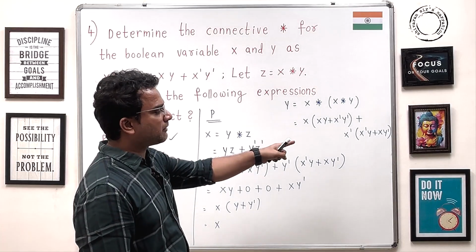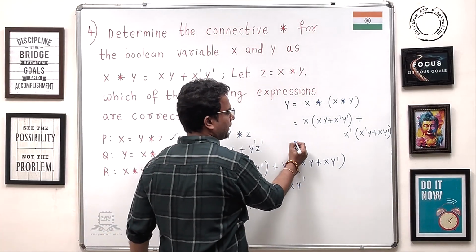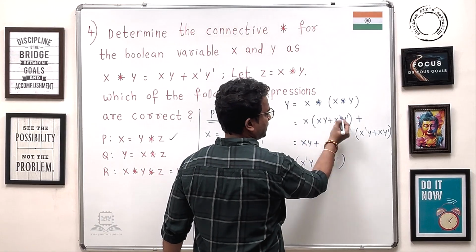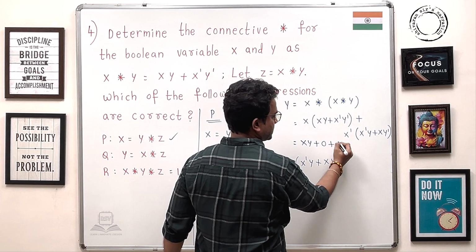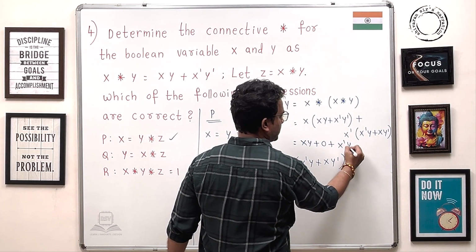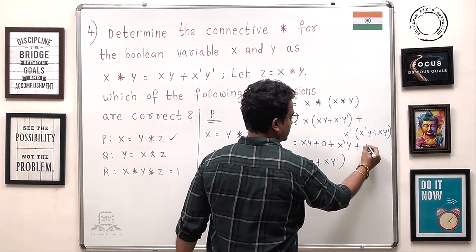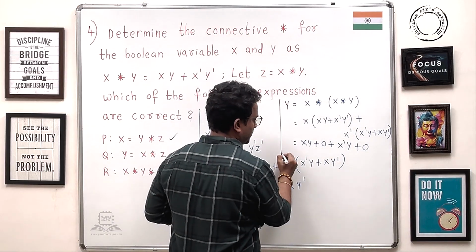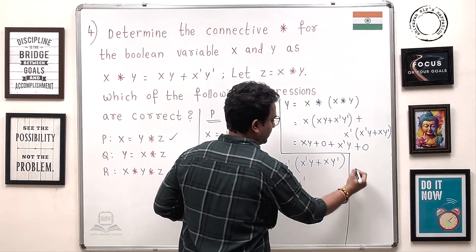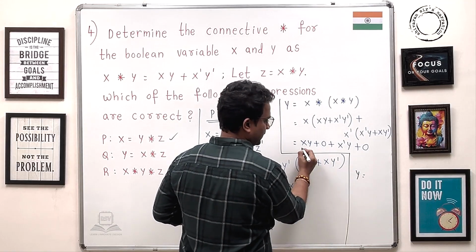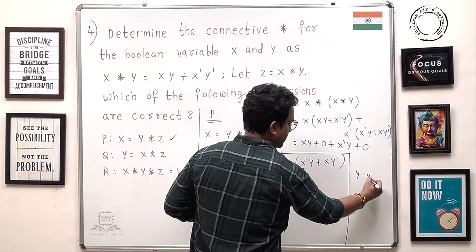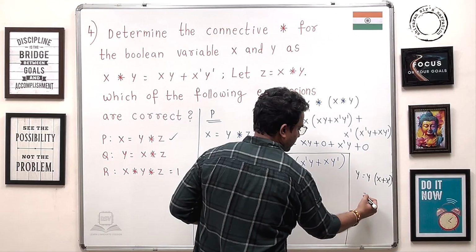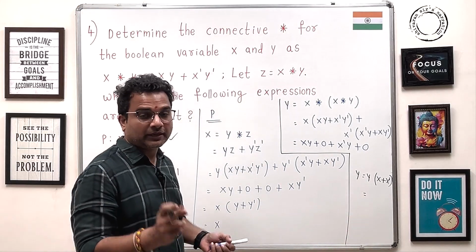Hence we have written x bar y plus xy bar. Again when you simplify, you get xy plus x into x bar 0 plus x bar y plus x bar into x 0. Therefore guys, if you take y common, x plus x bar, it's 1 only, then LHS equals RHS.